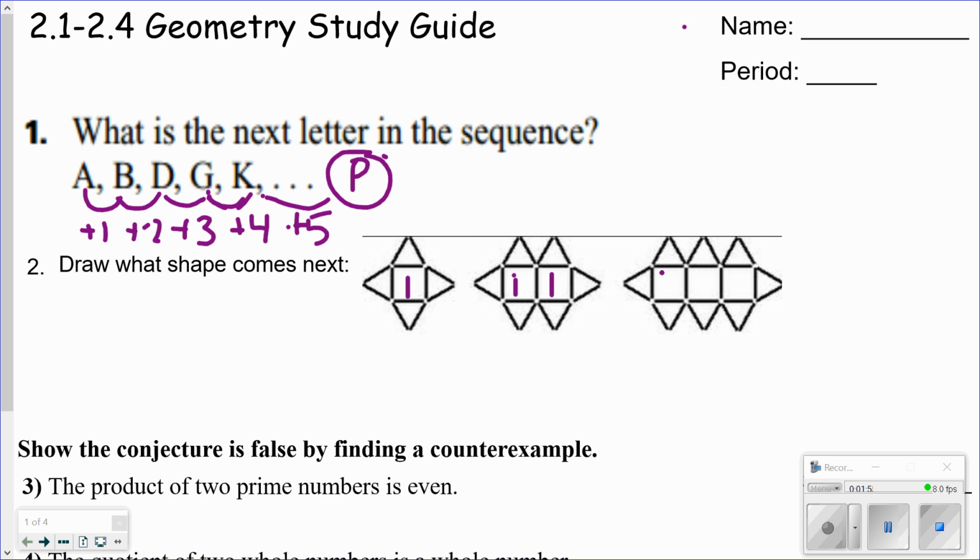The third figure we have 3 boxes with triangles around it, which means our next figure we're going to have 4 boxes and triangles for each box. Perfect.